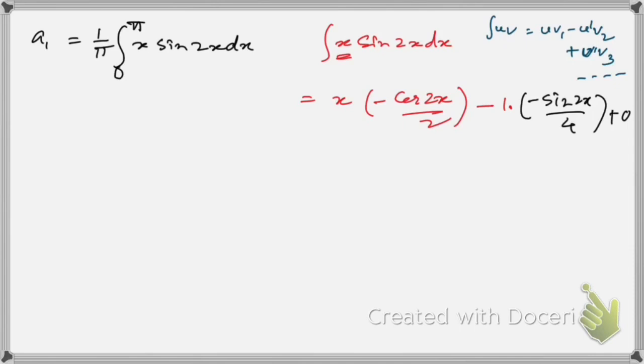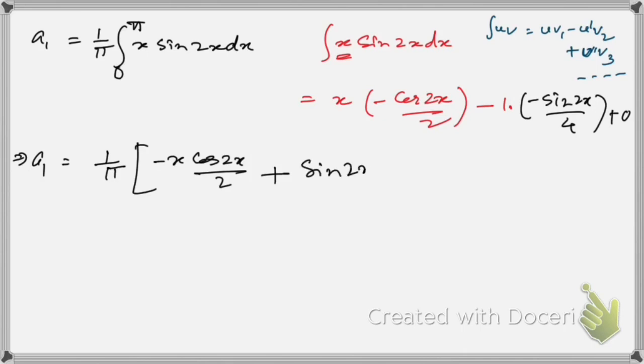So now let me write the result here. a1 is equal to 1 by pi, and here you can write x into minus x cos twice x by 2, and minus minus becomes plus sine twice x by 4.